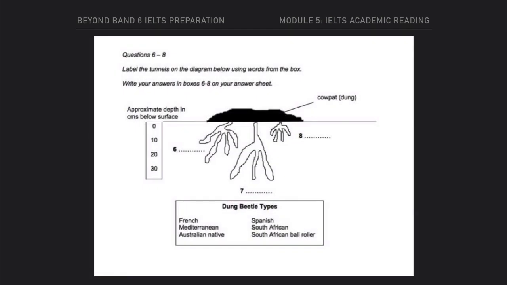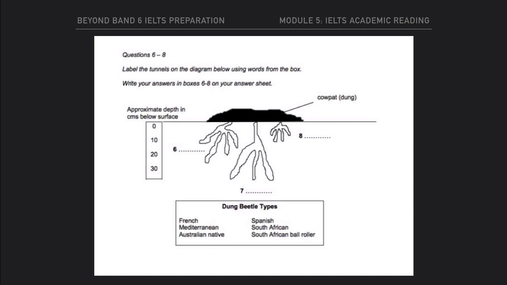Finally, labeling a diagram. These questions test your ability to understand a description of something in detail. You'll need to read one area of a text carefully and label a diagram of it. The labels of the diagram might not be in the same order as the text.